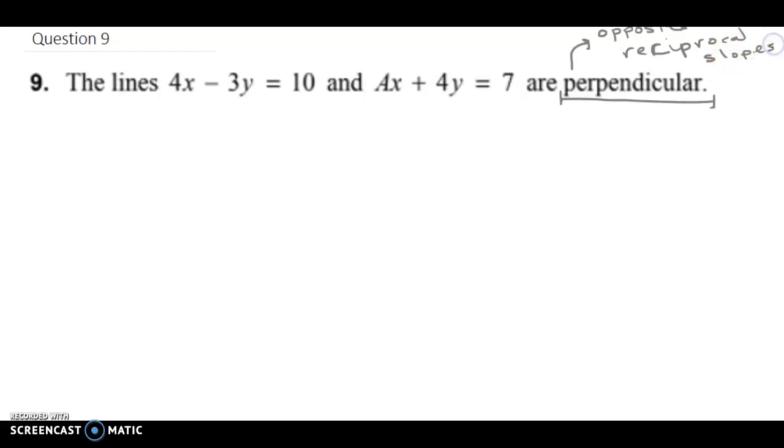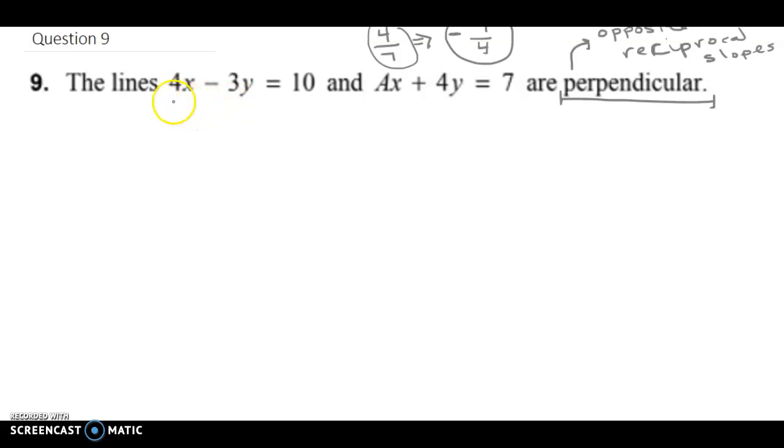Okay, so for example, if one of the slopes is 4 over 7, to be perpendicular, the other one's slope has to be the opposite of that, which is negative, and reciprocal would just be 7 over 4. So 4 over 7 and negative 7 over 4 would be opposite reciprocals. Okay, so it's going to be the same process.